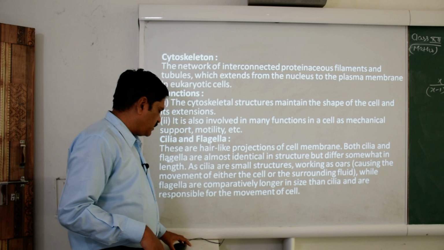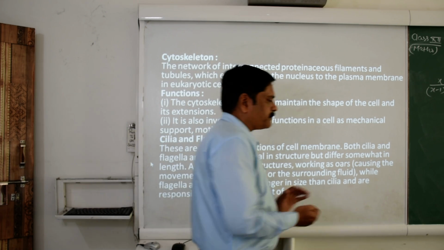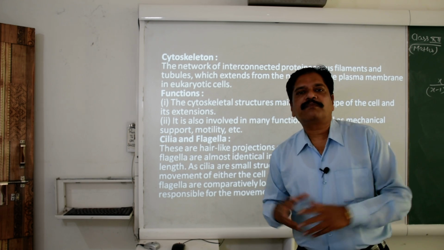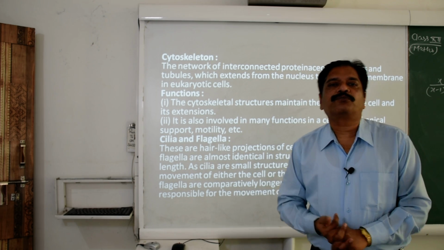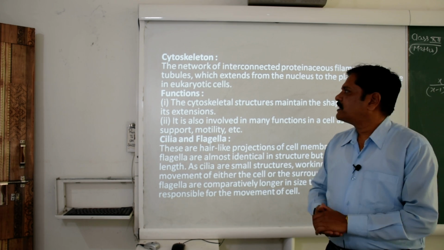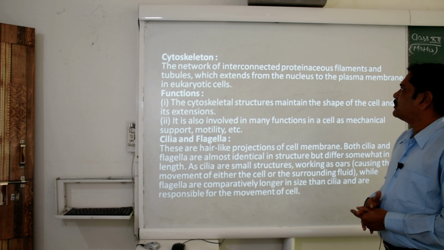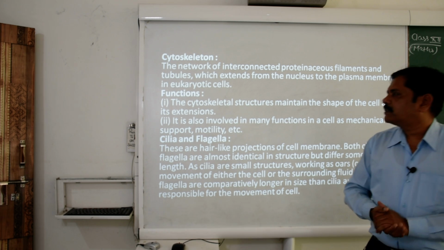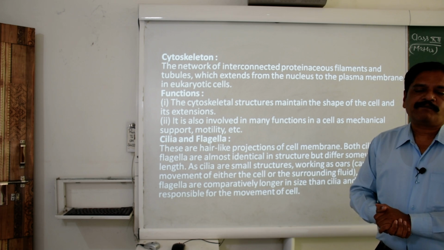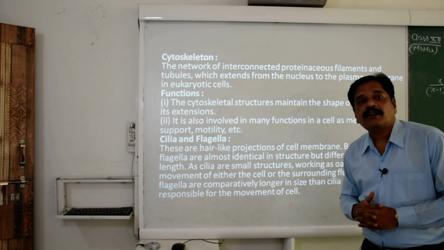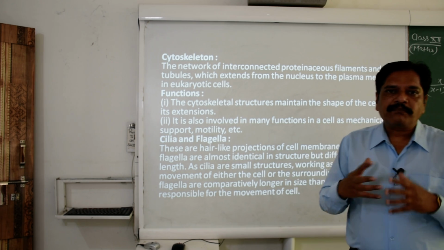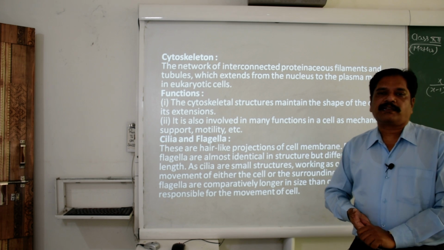cytoskeleton. Clear? In this cytoskeleton, the cell component which is responsible for giving internal support to the cell is called the cytoskeleton. Basically it is a network of proteinaceous filaments and tubules, which extends from the nucleus to the cell membrane, and in general it is responsible for giving stability and primary strength to the cytoplasm and the cell.